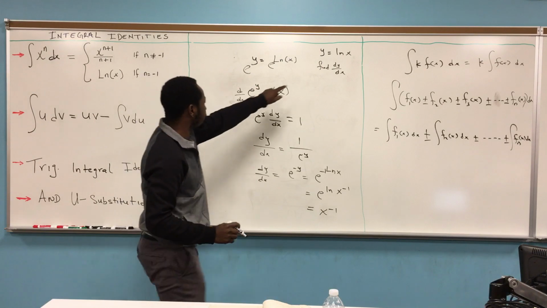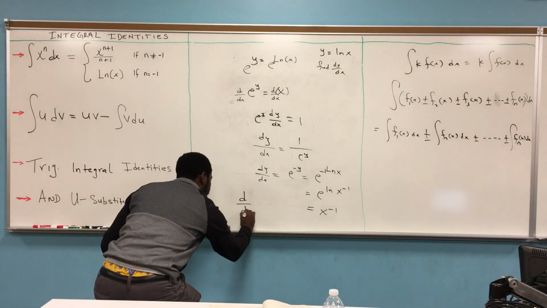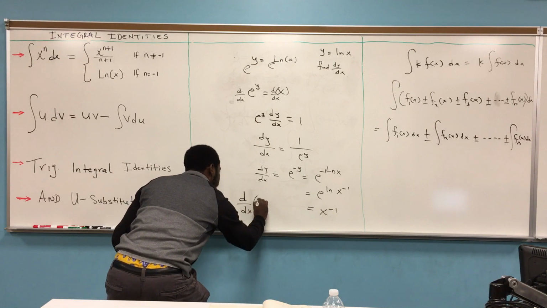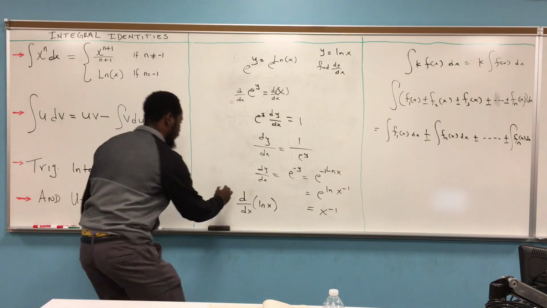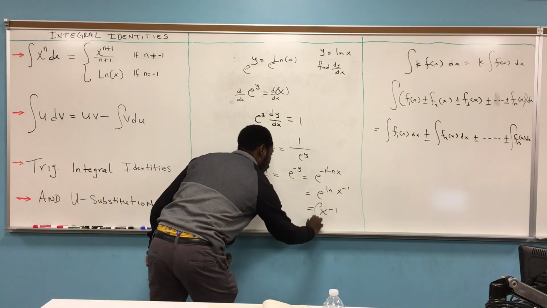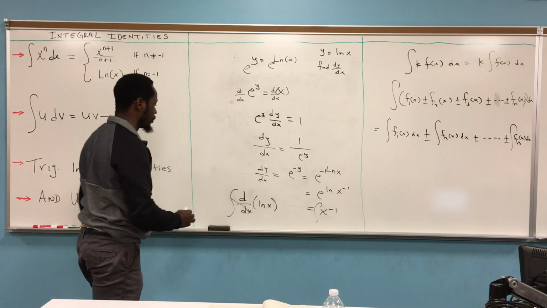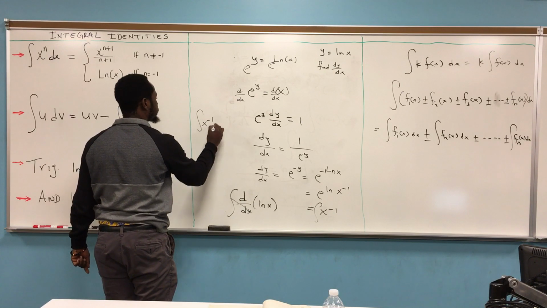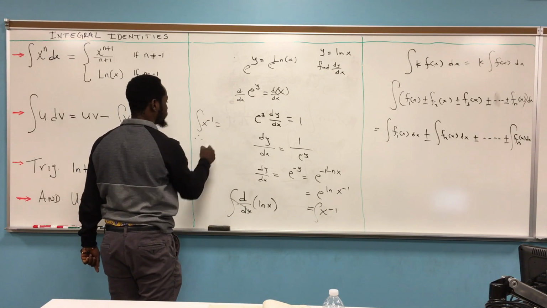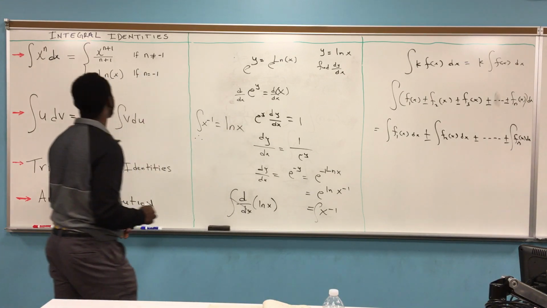So we can see that d dx of natural log of x is equal to this. That means if we take the integral of both sides, this will cancel out. So the integral of x to the negative 1 is natural log of x.